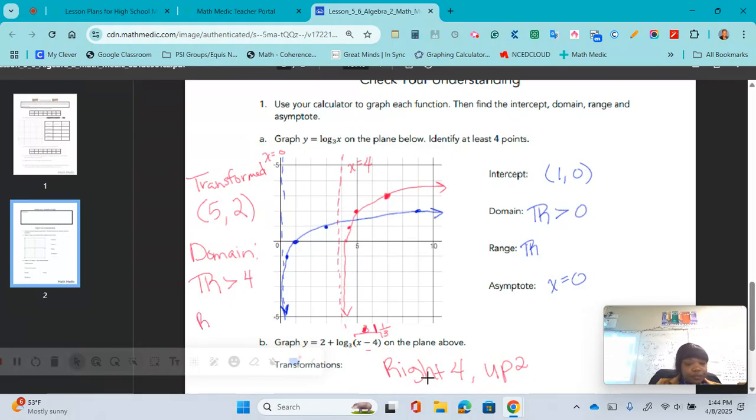Range is our y value. Our range, which goes up and down, this graph goes down forever, and it also goes up forever. So our range is all real numbers. And our asymptote is at x equals 4.